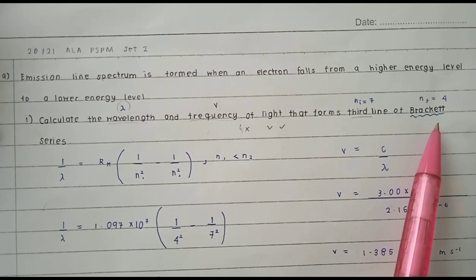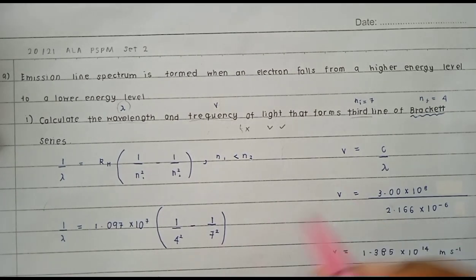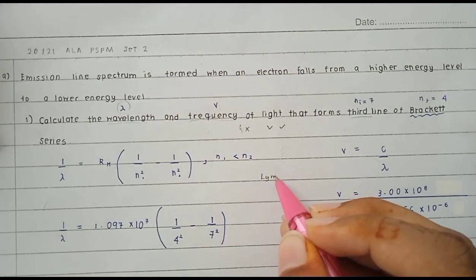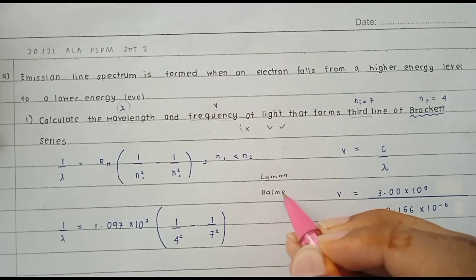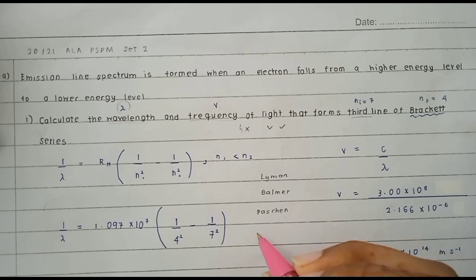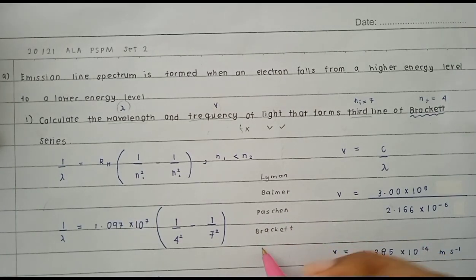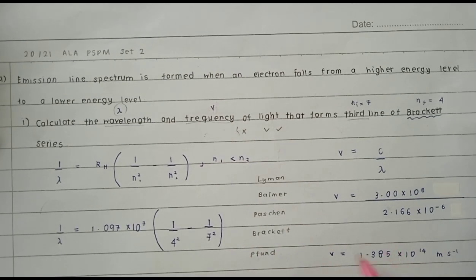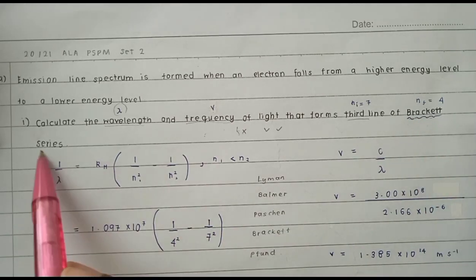If you remember, the first series is Lyman, the second is Balmer, the third is Paschen, the fourth is Brackett, and the last one is Pfund. So it states that it's from the Brackett series.